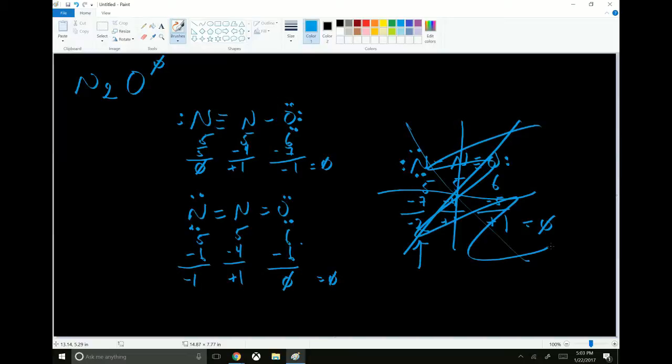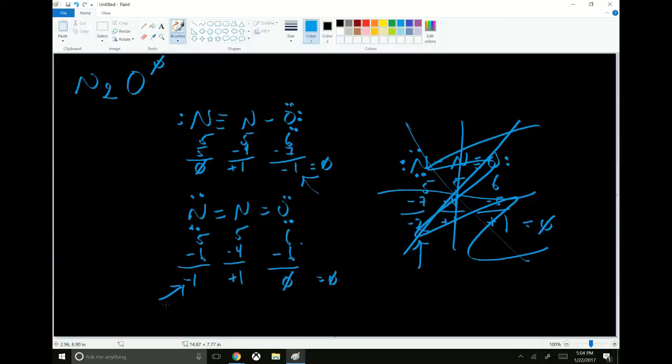Instead, you have to look at the differences between the two in terms of where the numbers are. Here you have a -1 on oxygen, and down here at the bottom you have -1 on nitrogen. If at all possible, put negative charges on the more electronegative element.